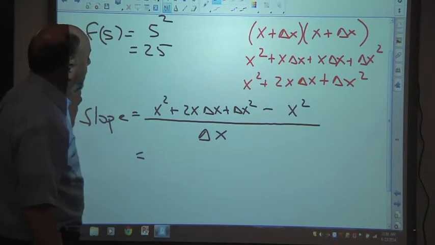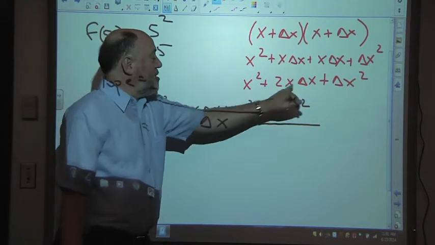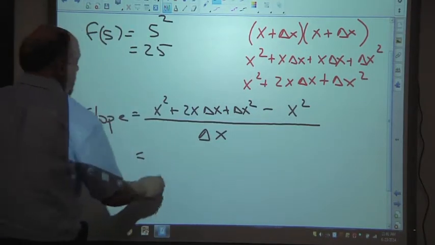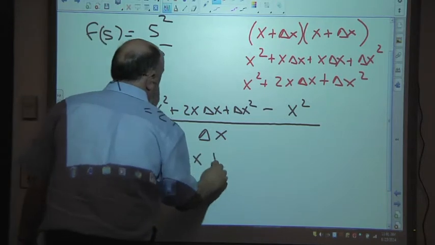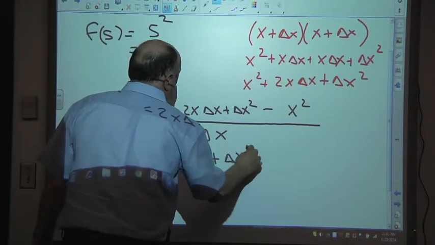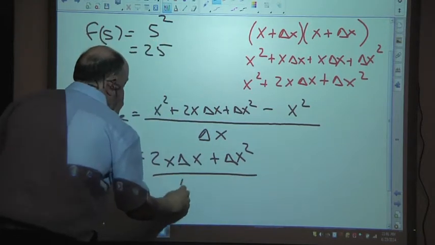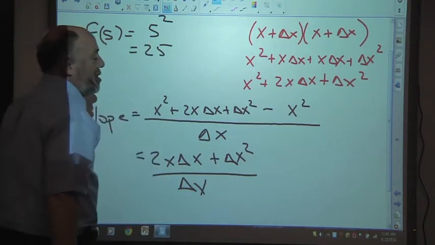So let's simplify. You got an x squared minus an x squared, so those go away. So we get 2x delta x plus delta x squared all over delta x.